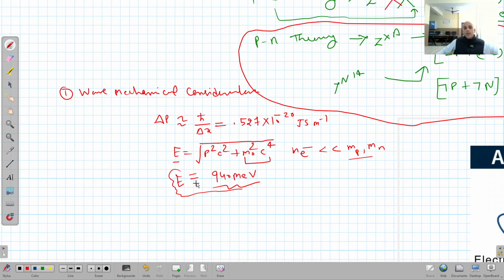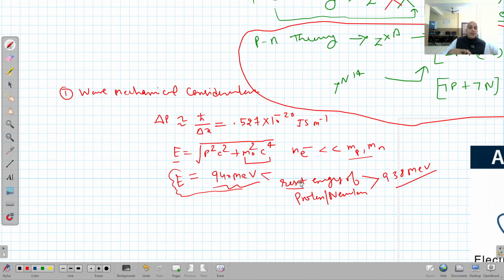Now if we look at the rest mass energy of proton or neutron, nearly the same because same mass, that is around 938 mega electron volt. So this is the rest mass energy of either a neutron or a proton. So this energy is slightly more than this energy.